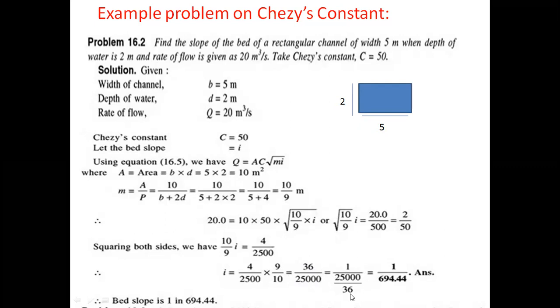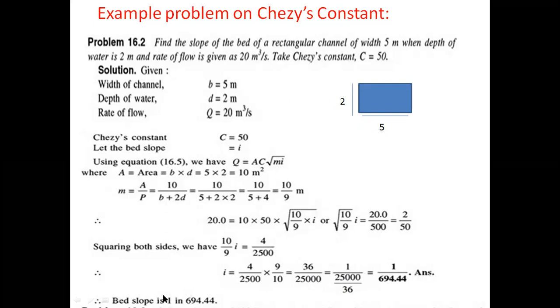Now take the slope in the form of fractions. So 36 goes to the denominator, and 1 remains, giving 1 by 25,000 by 36, which is equal to 694.44.